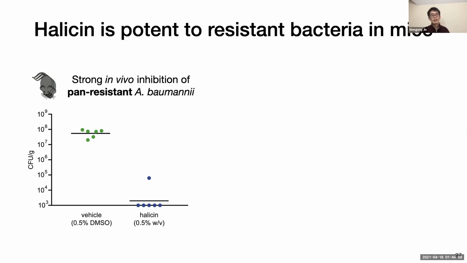For example, Acinetobacter is a notorious bacteria that's pan-resistant, meaning it's resistant across every antibiotic family. It is really nasty, but halicin is able to kill it.